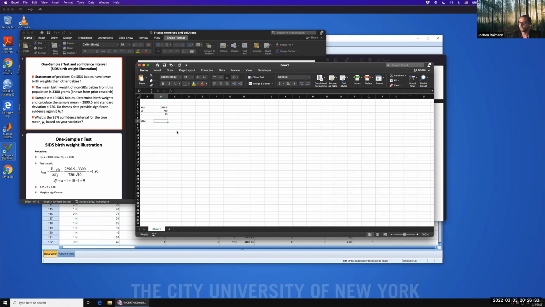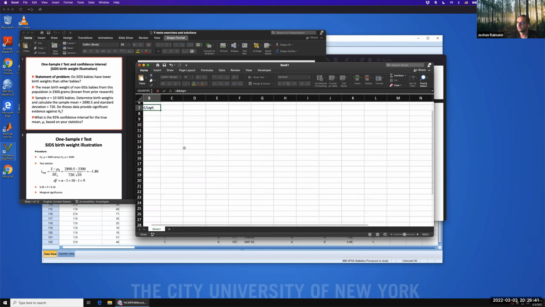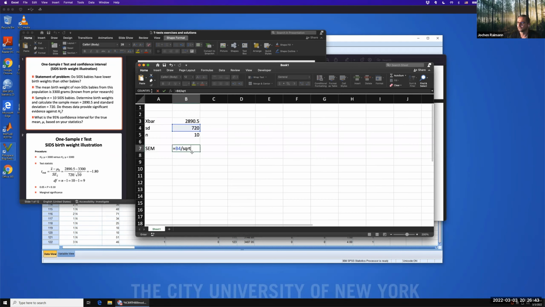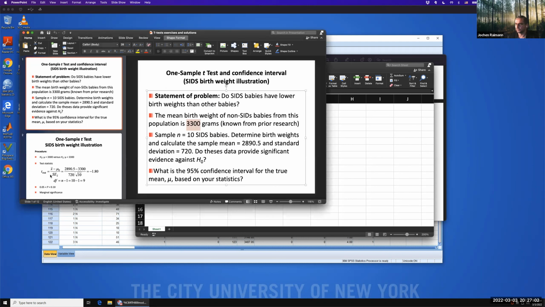And our standard error of the mean is essentially nothing else but the standard deviation of our sample divided by the square root of our sample size, which is 10. So we get a standard error of the mean of 227.7.